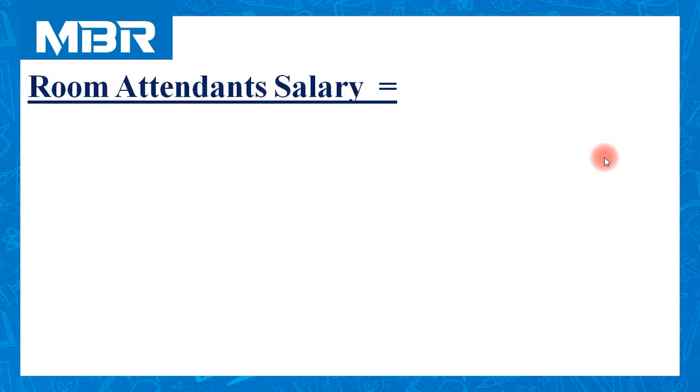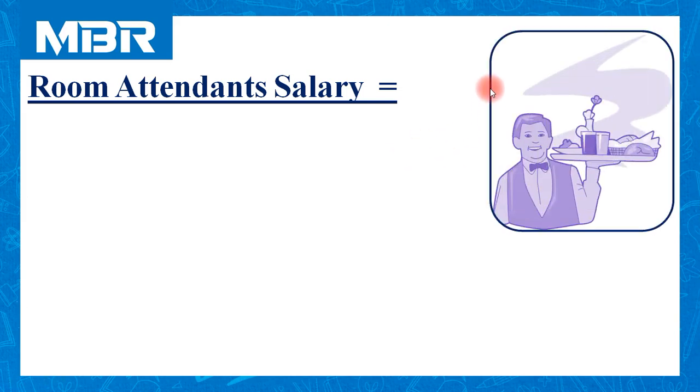Let us move to the second and important part of our answer. It is all about calculation of room attendant's salary. As we all know, a room attendant is a person who is serving the guest available in the room. The salary of the room attendant is available to us in this question based on rooms and based on seasons, meaning 6 different rates are given.